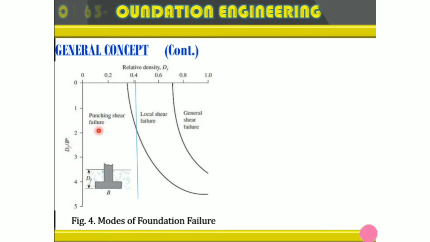So first you need to consider whether you are going to consider the punching shear failure, the local shear failure, or the general shear failure. As you decide what shear failure you are considering in your design, based on our discussion in the previous slide, you can determine this Df over B asterisk.